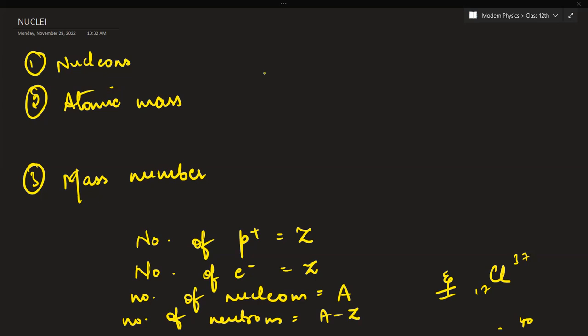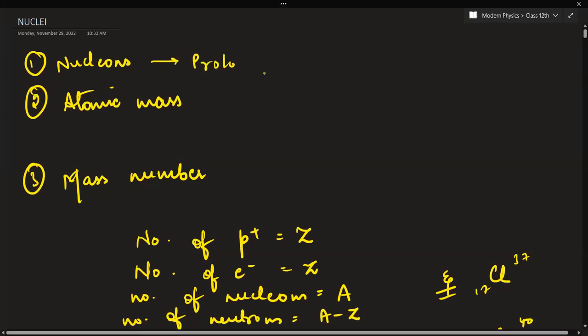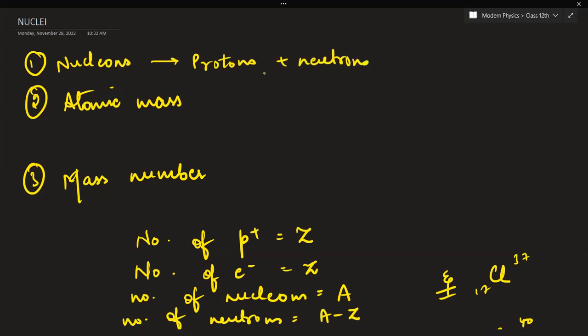Now see, a few terms you have to understand. Nucleons basically means protons plus neutrons. We call this collectively nucleons. Atomic number and mass number.